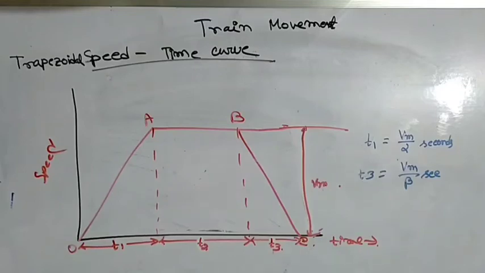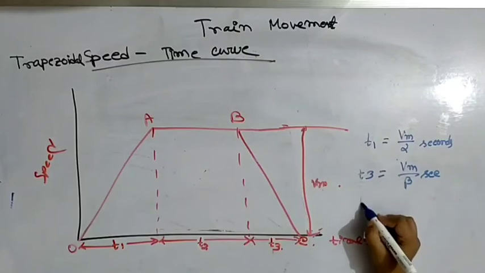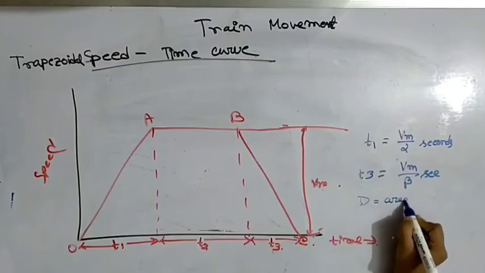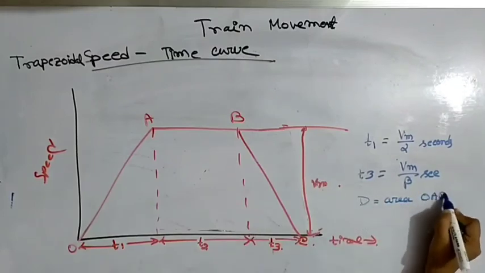Now total distance D is equal to the area of OABC.